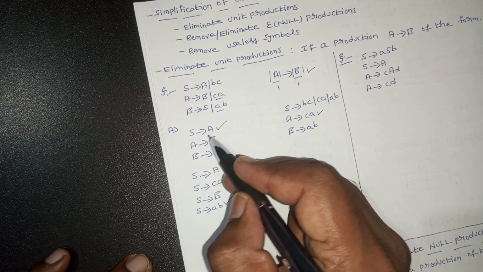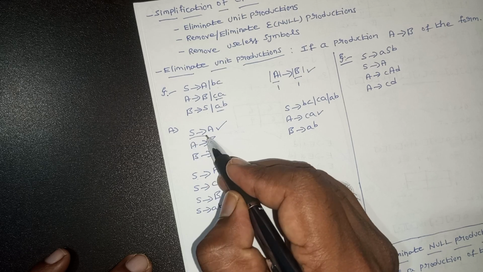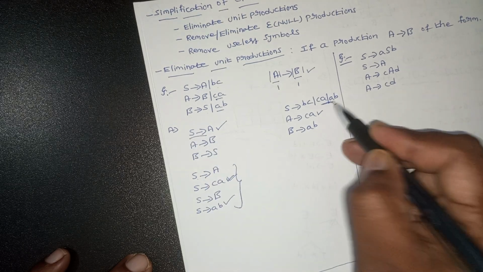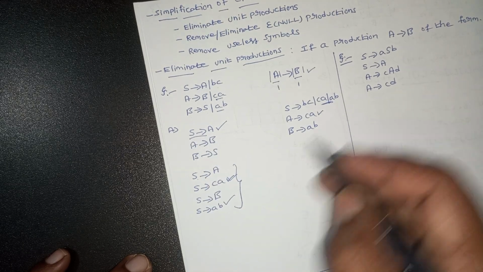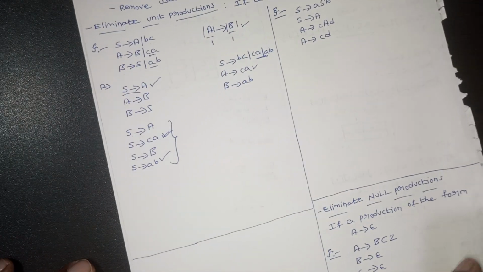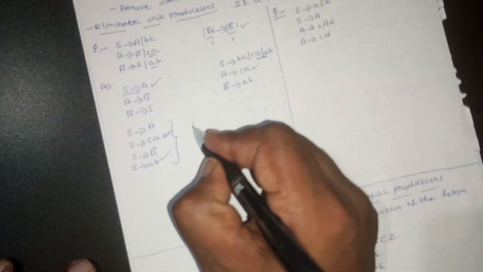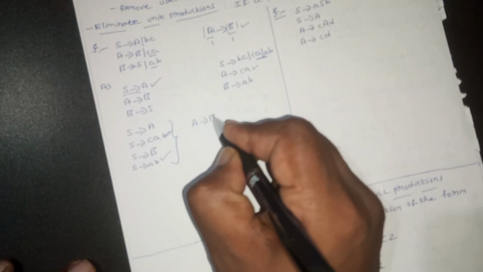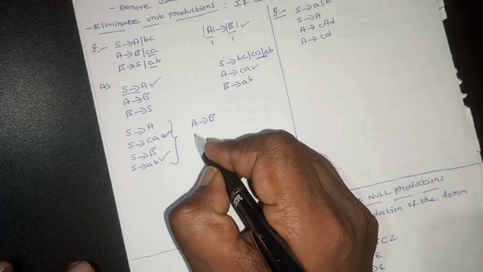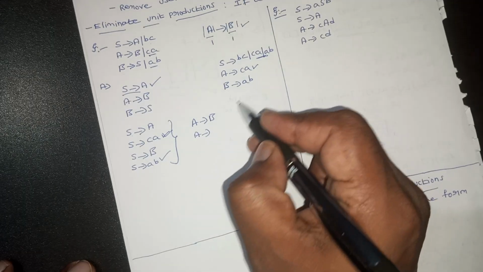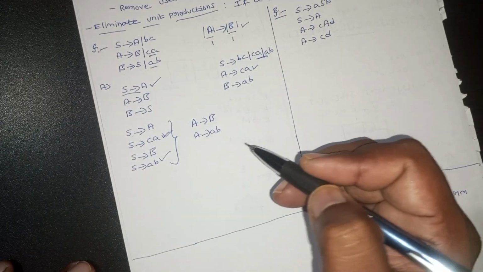So when you remove these productions, I am getting these two rules. Now take one more thing. Next one: A tends to B. What is B actually? A tends to B means it is AB.